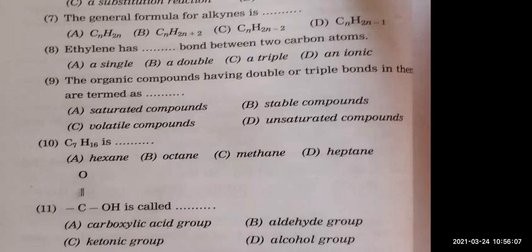Whenever 7 carbons are present, as we studied in the previous lectures, we consider the root word as hept. So here hept plus ane, that means all are alkanes. So here we can say the name will be heptane.